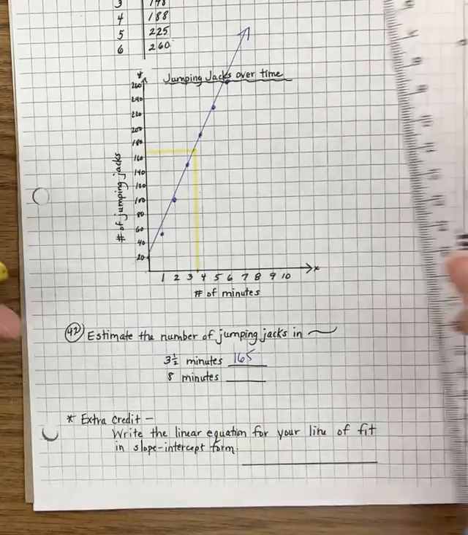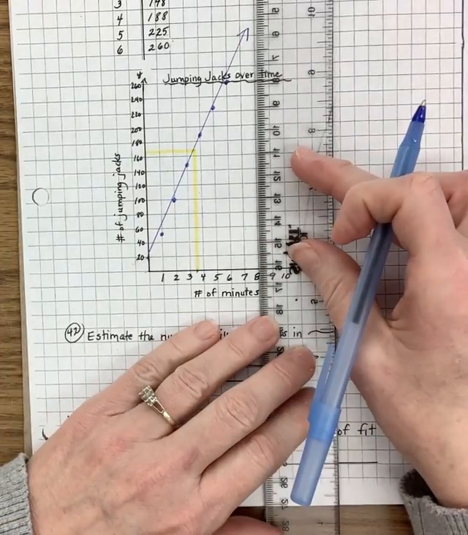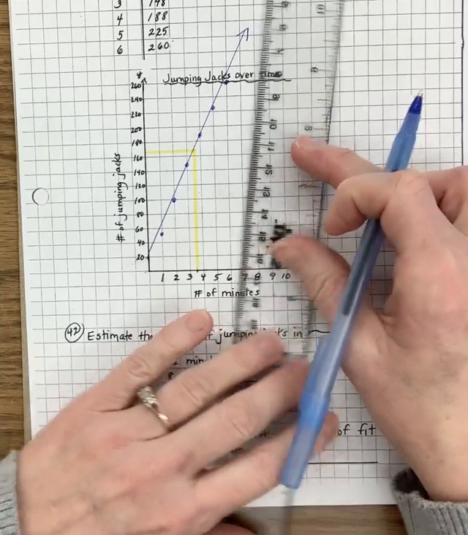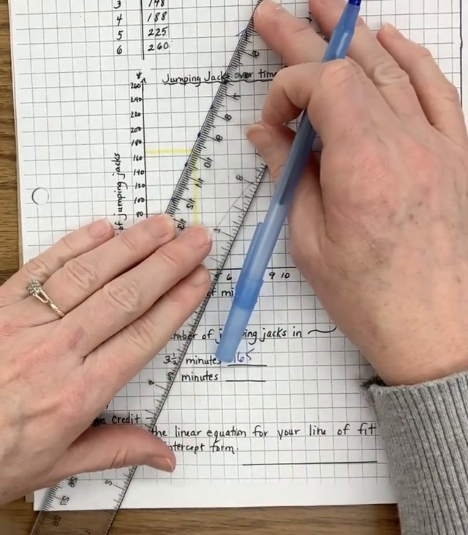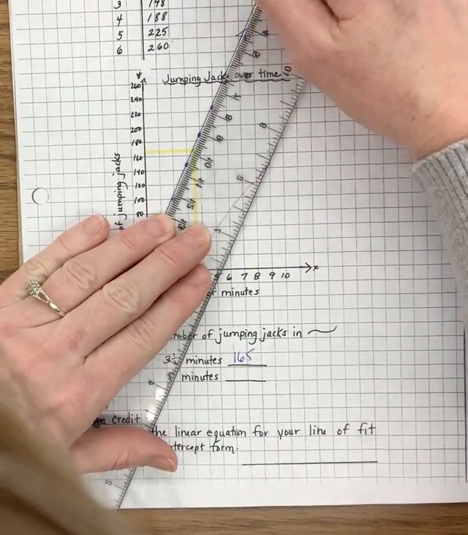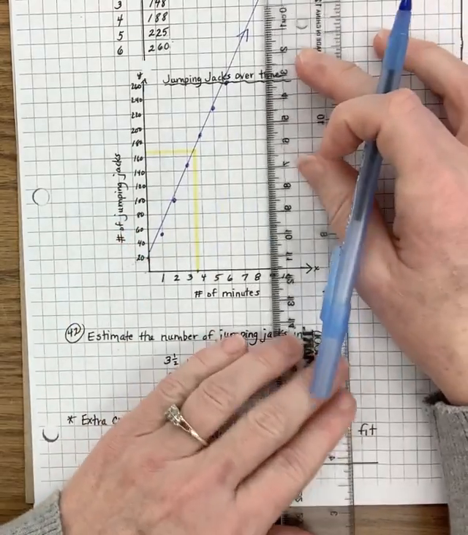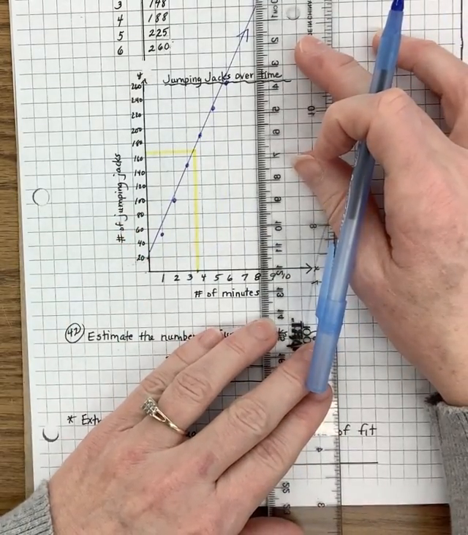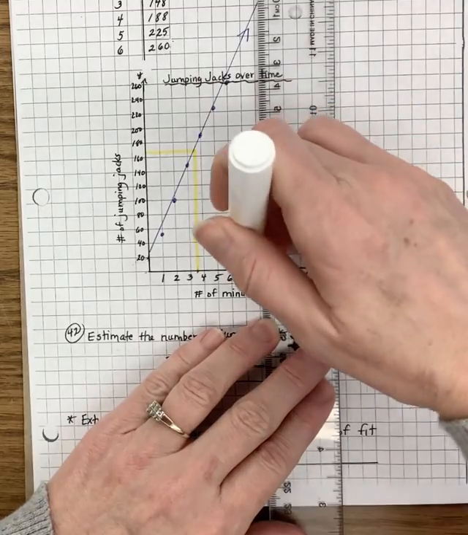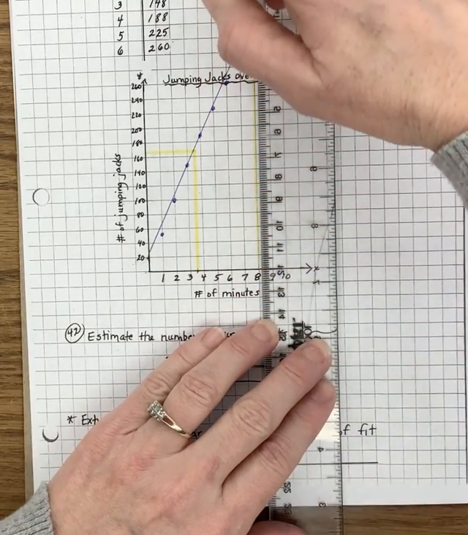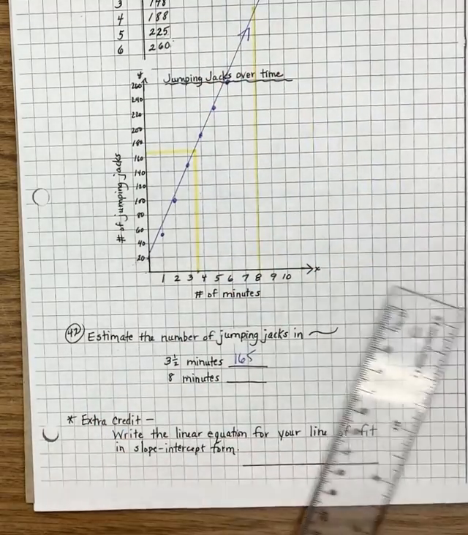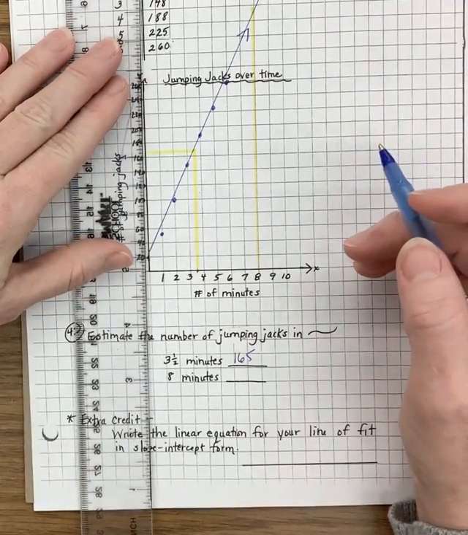And then I need to do the same thing for 8. So my line needs to be a little bit longer to do this. Could have done a better job on this graph, and then I look up from 8. I'm gonna go straight up. Now you can see that my line here is not long enough either.